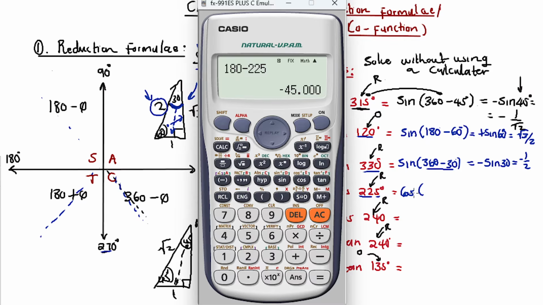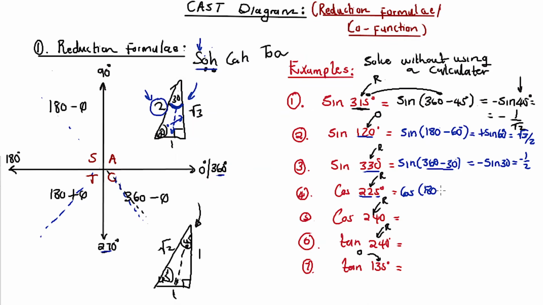So I'm going to write it as 180 plus 45 degrees. 180 plus 45 gives us what? 225. Equal to, let's solve. Cos is negative in the third quadrant, so it's going to be minus cos 45 degrees.